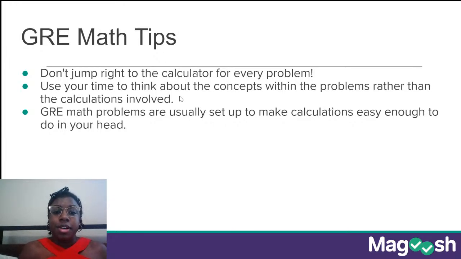Second, it will be much better to use your time to think about the concepts within the problems rather than the calculations involved. Oftentimes, problems are set up to make calculations easy, but if you miss the embedded shortcuts, you could waste time pressing buttons unnecessarily. In general, you should avoid using the calculator unless you are solving large multiplications or divisions, etc.